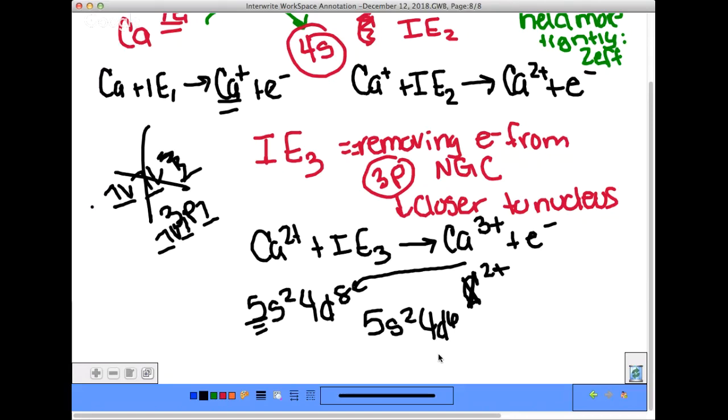I would accept that. What you do need to do is still say that this has 2 valence electrons. If you say that it's just 4d8 and we remove these electrons, this has 0 valence electrons. So again, I'm going to accept either one, but if there is a question about valence electrons, and this is where I think I marked off questions on the quiz, you need to say how many valence electrons it has, because we are removing them from different levels.